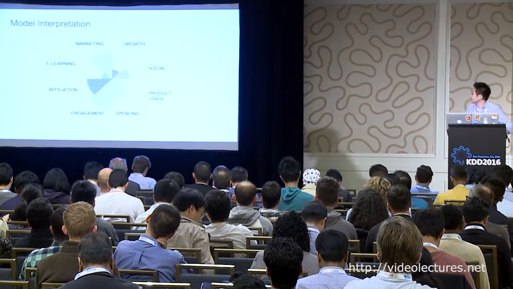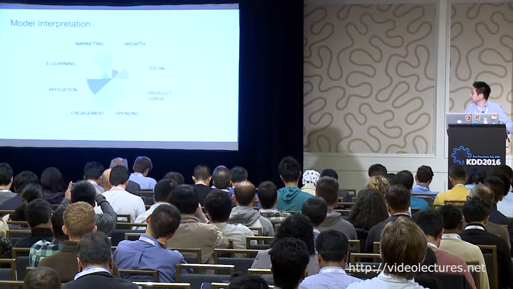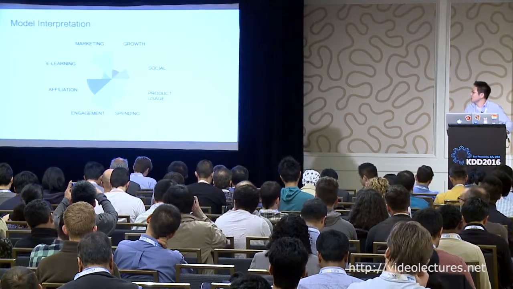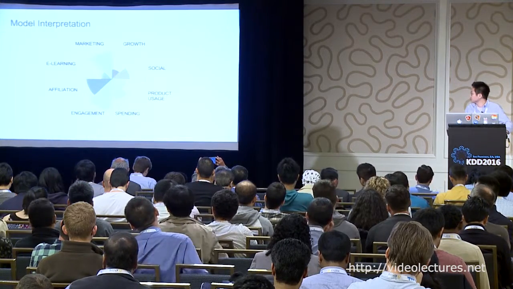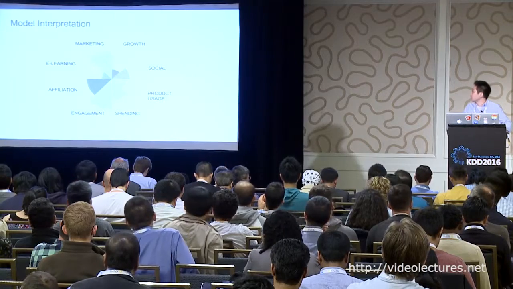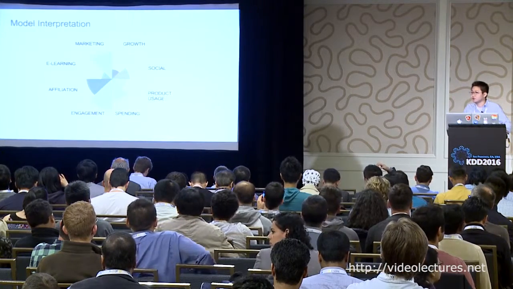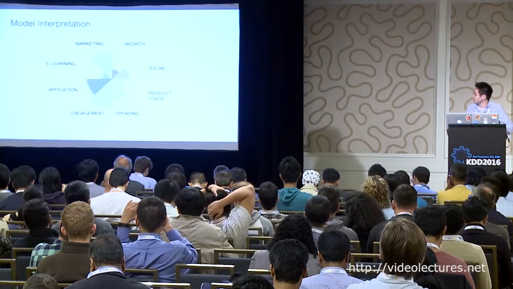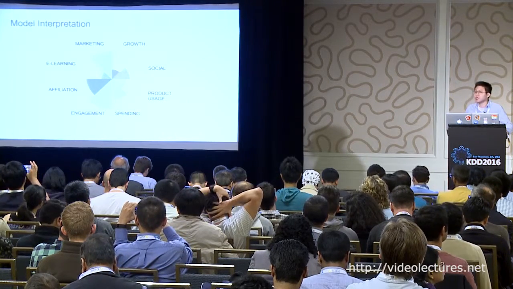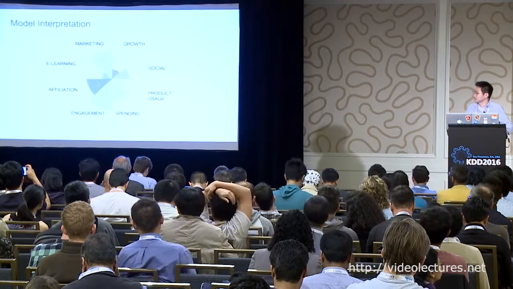And here is another example. At LinkedIn, we built some B2B targeting models, and this shows that we group all the company-level features into 8 buckets. Some represent the company's engagement on LinkedIn, and some represent their spending.